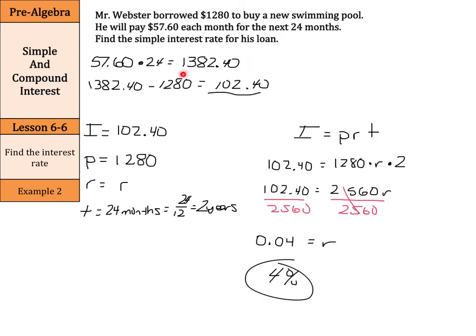So he took $1,382.40 and subtracted the amount that he borrowed to get $102.40. That was our interest. So once we knew our interest, our principal, and our time in years, we put those three numbers into the formula and solved for our unknown, which was the rate. We used the commutative property of multiplication to get to our 2,560, which we ultimately divided, to get our 4%.